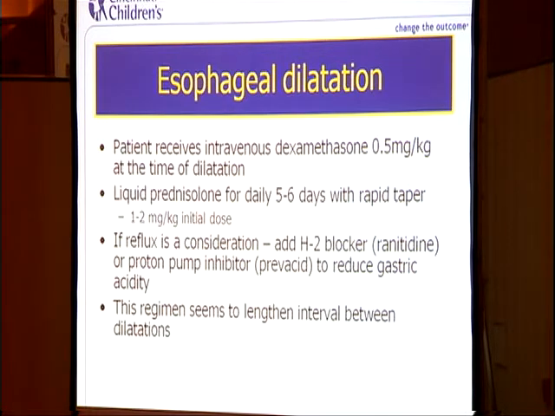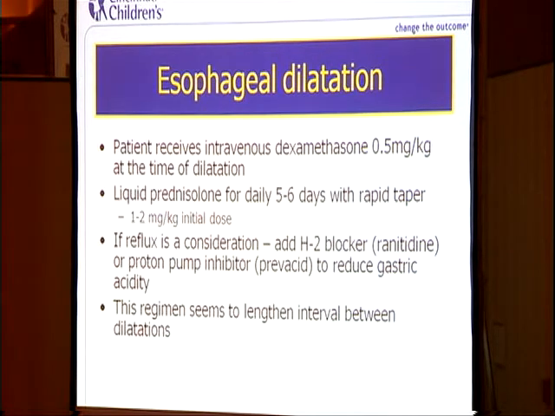I don't know if this is something that should be widely applied, but in our patient population, we noticed that when we gave some steroids at the time of the procedure, as well as a short course of steroids for 4 or 5 days afterwards, the interval between dilatations seemed to be longer than those patients who did not get steroids.